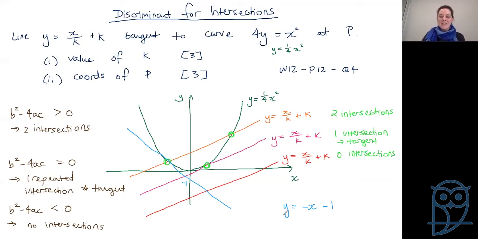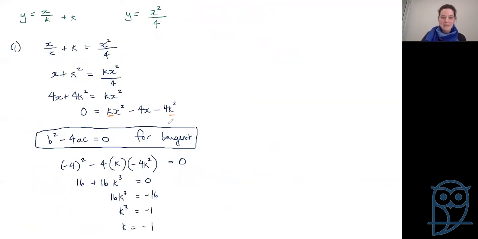Okay, so we have now our equation of our line. We're looking for our coordinates of P. So what we need to do is, where does our line meet our curve when k is minus 1? But remember, we've already done line equals curve. We've got that equation. It's this one here.